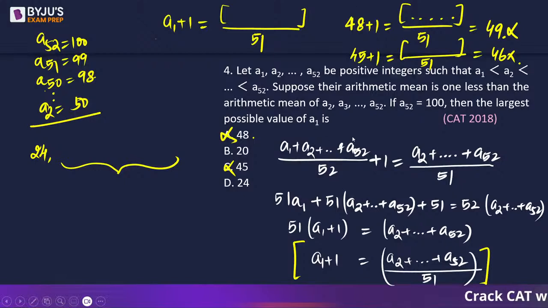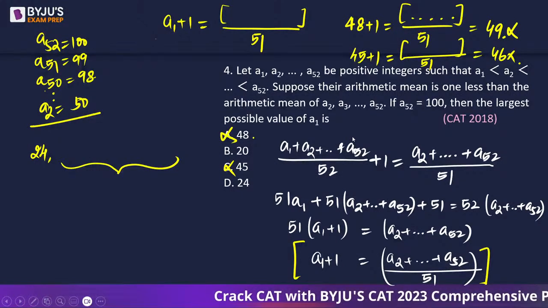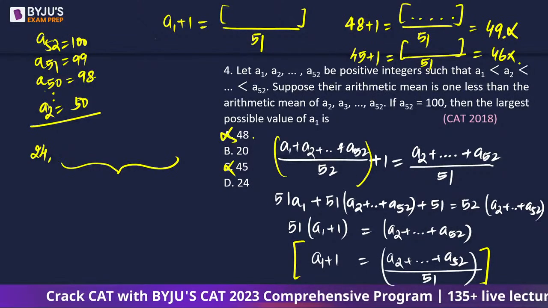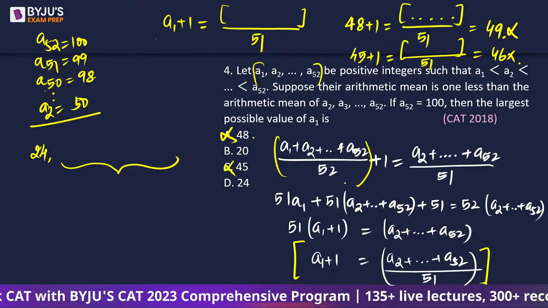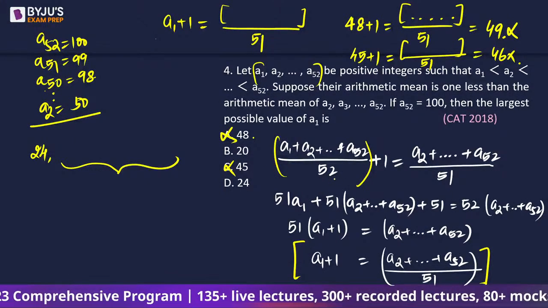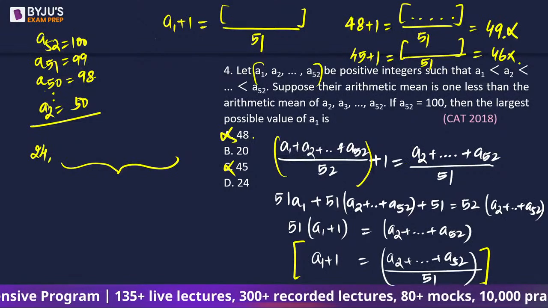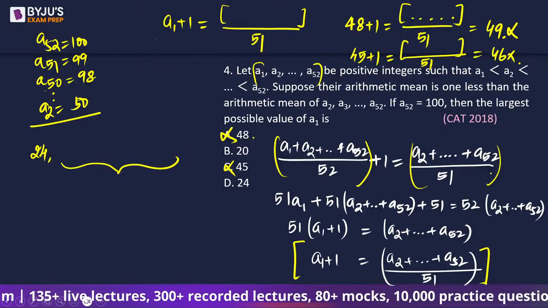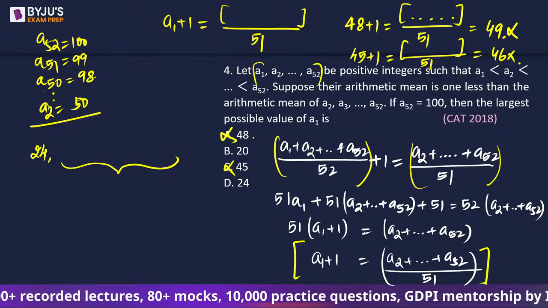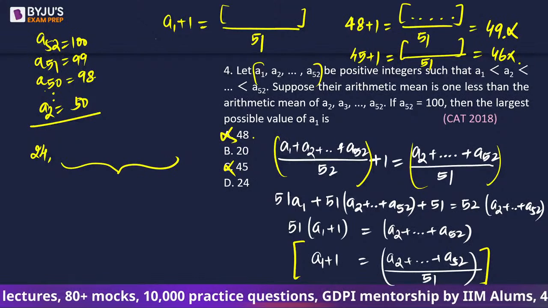Suppose the arithmetic mean is 1 less than the arithmetic mean of the remaining values. So arithmetic mean is what I've calculated, right? This is the arithmetic mean of all the numbers, as in A1 to A52 का arithmetic mean कैसे calculate करेंगे? Divided by 52, and this is 1 less, as in if I add 1 to it, this is what I will be getting. And A1 is the smallest number, isn't it? ये already हमें ऐसे given है.